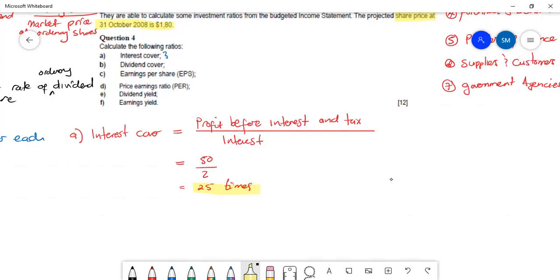Yes, sir. And then we go to dividend cover. So this is what we did today. This is where the focus is. Dividend cover. How do we get our dividend cover? What is the formula?